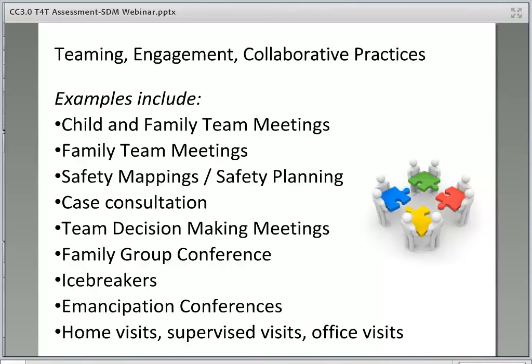Teaming, engagement, and collaborative practices involve a collaborative team approach and encourage the building of shared language, understanding, and engagement with families to assist and empower them to build their own supportive network and safety plans. Teaming is essential to effective engagement with the family and their support network to ensure a successful working relationship and better outcomes for the child and family.